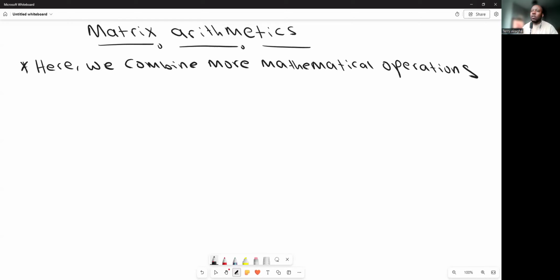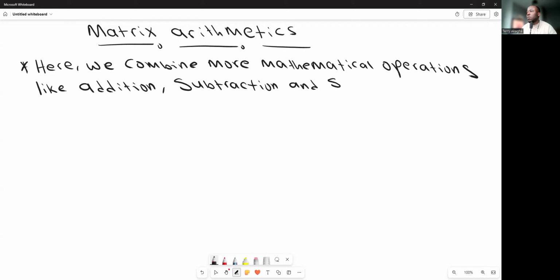For instance, we might have things like addition, we might have things like subtraction, and we can now have scalar multiplication in a single question.